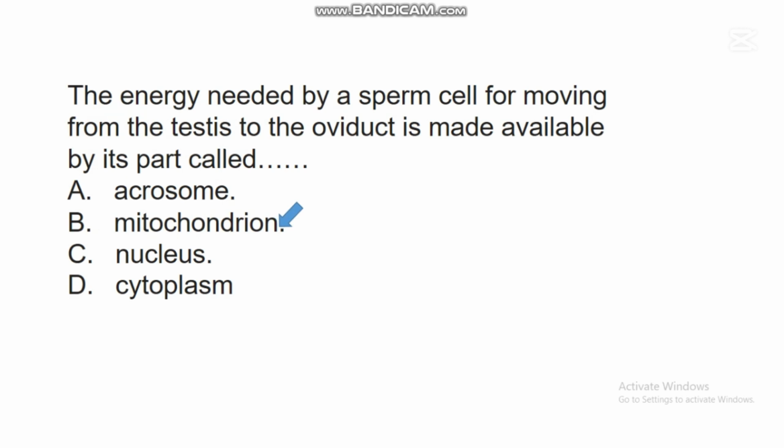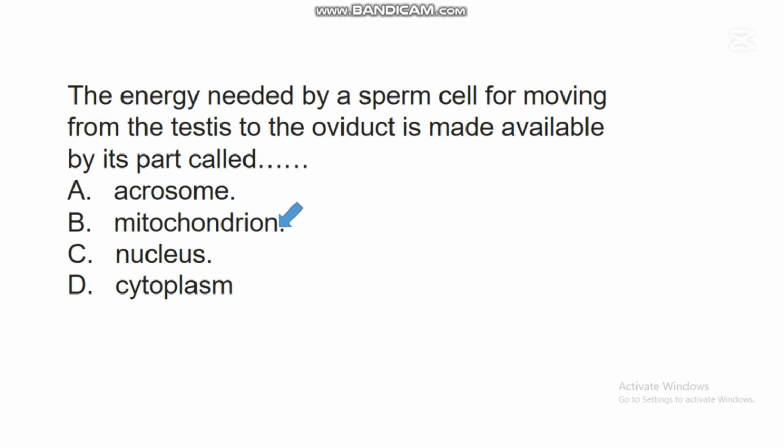So sperm cell is one of the cells in the body that has this structure called mitochondrion. Studies have shown that sperm cells contain a lot of mitochondria compared to many cells in the body. The mitochondria are the parts of a sperm cell where energy production takes place.